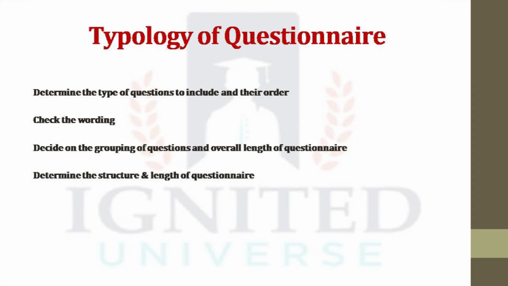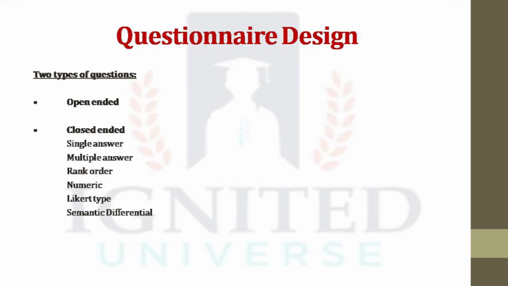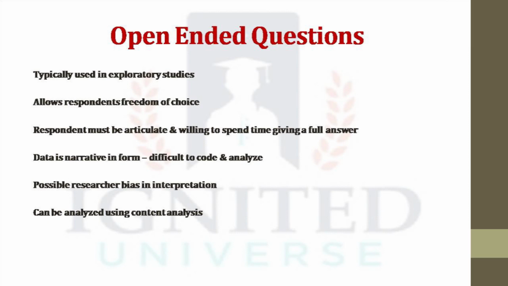So as we have discussed, there can be two types of questions in a questionnaire. One is open-ended and another is closed-ended. Open-ended questions are typically used in exploratory studies. They allow respondents the freedom of choice. The respondents must be articulate and willing to spend time giving a full textual answer.